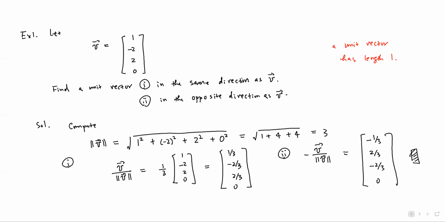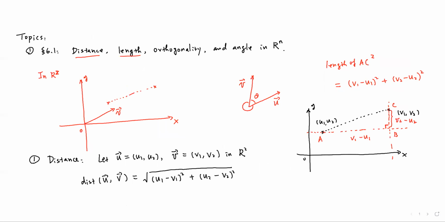At this point, we have extended the distance and the length from R2 to Rn. Now, next, let me extend orthogonality between two vectors in R2 to the orthogonality between two vectors in Rn.